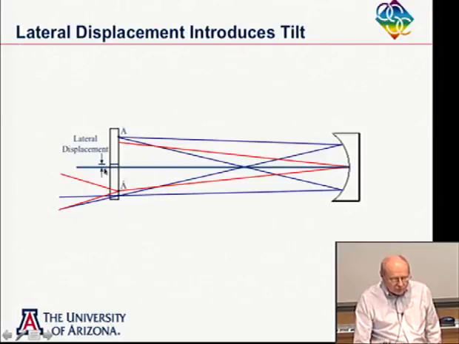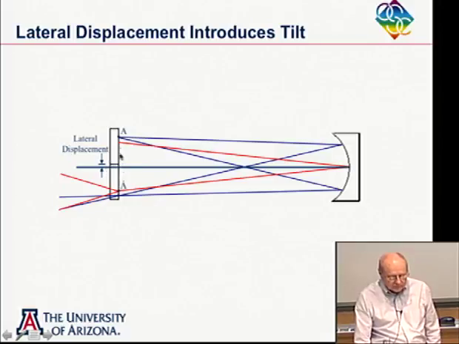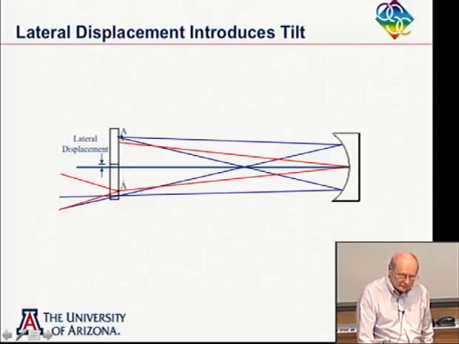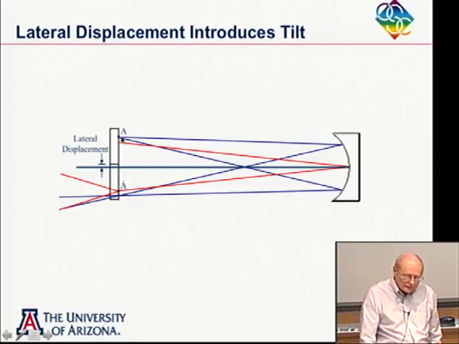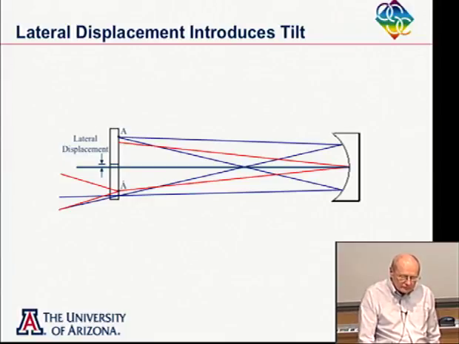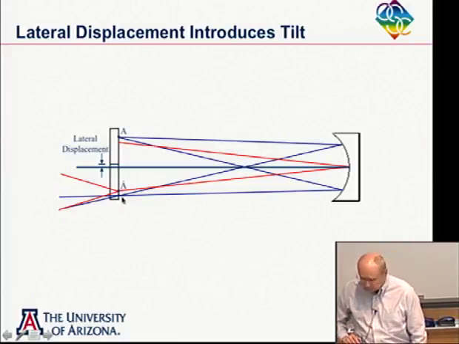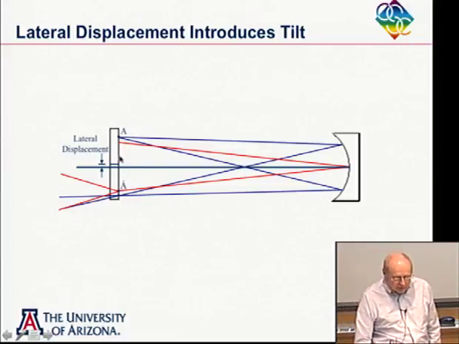And so this is displaced sideways off the axis a little bit. Let's look at this scattering point. So I've moved the scatter plate sideways, so this scatter point is here. And the image of that is going to be down here. Okay? And as I move this sideways, as I move this up, that image will move down.